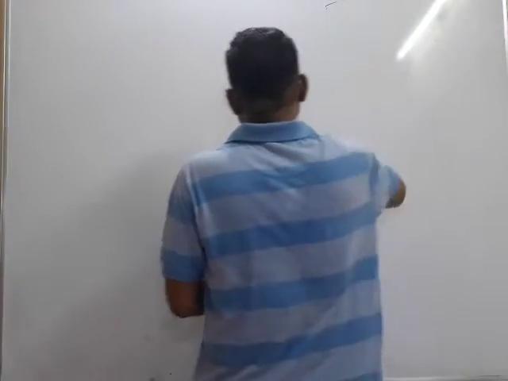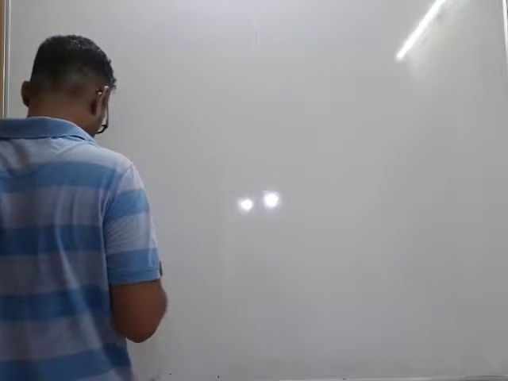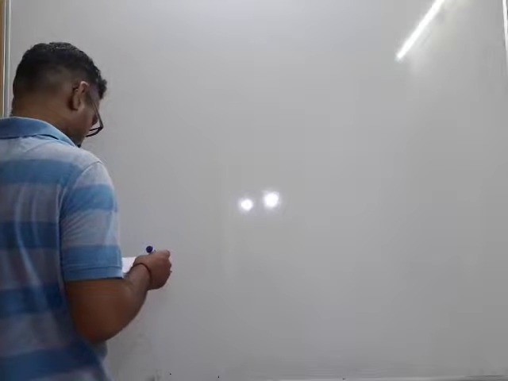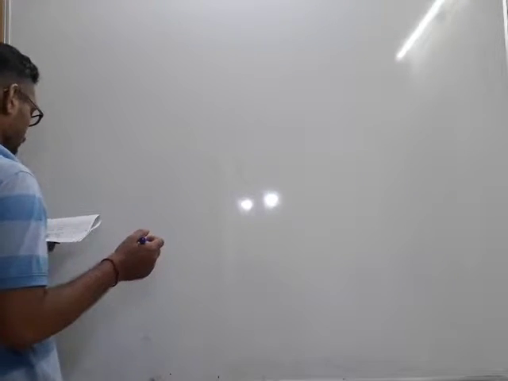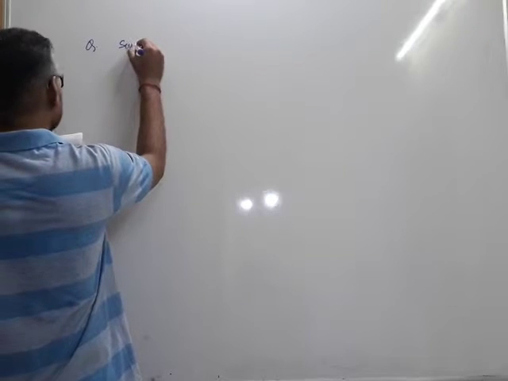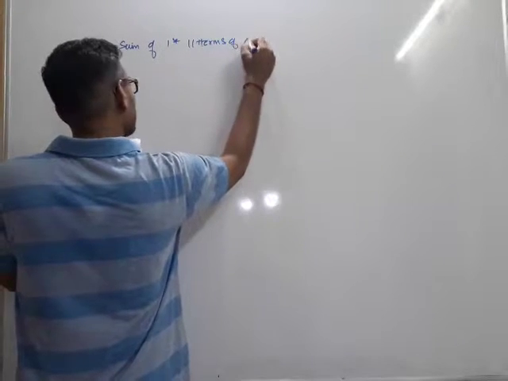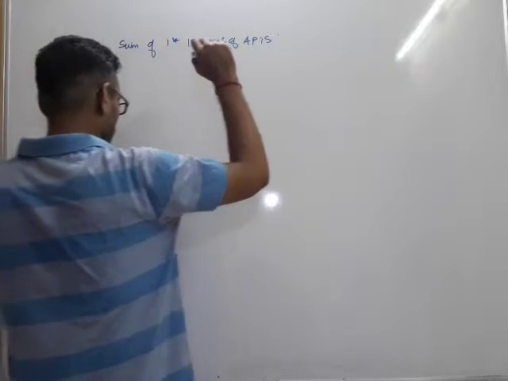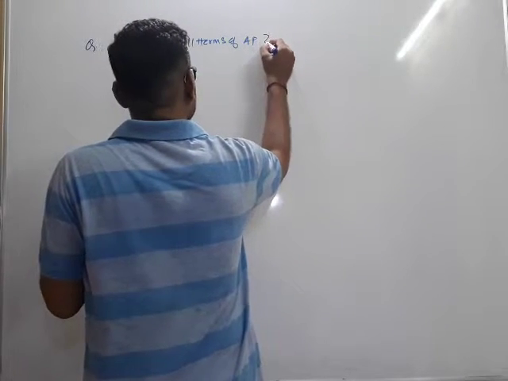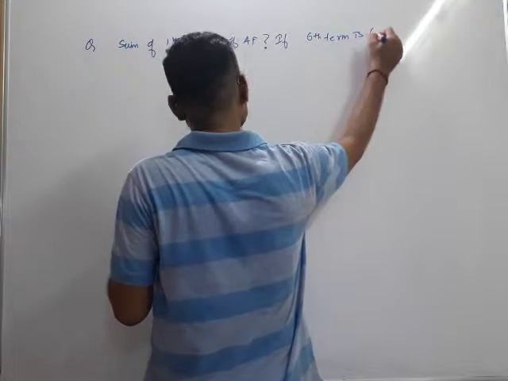The sum of the first 11 terms of an AP is what you have to find, if the sixth term is 6.